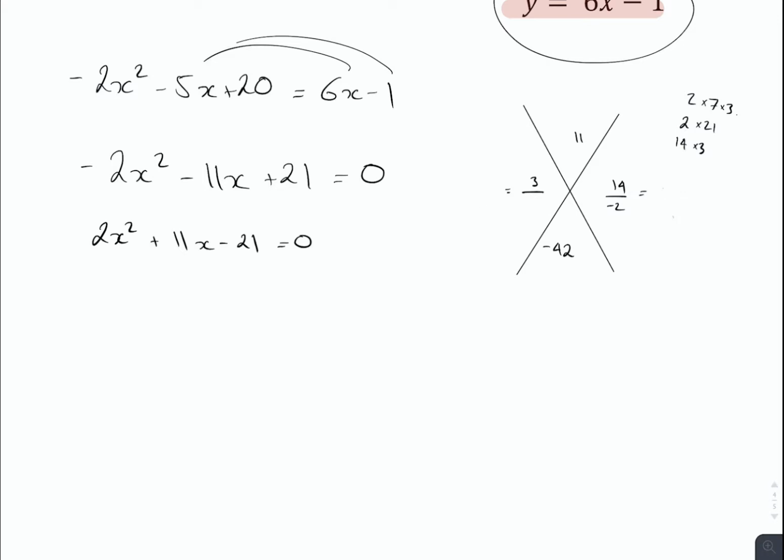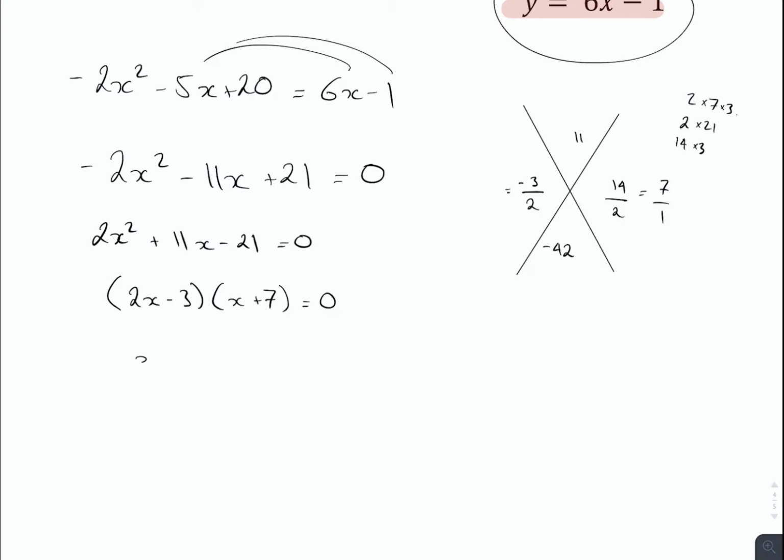Let me just do that. 14 and -3, oops. -3 here. And then I put a 2 here, a 2 here. That's going to be 7/1. And I end up with 2x minus 3 and x plus 7.